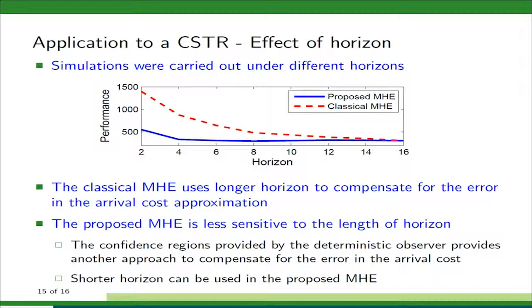When the horizon is small, it gives much better performance compared to the traditional moving horizon estimation. As the horizon increases, the two approaches eventually converge to the same performance. But from this simulation, we can see a much smaller horizon can be used in the proposed moving horizon estimation.